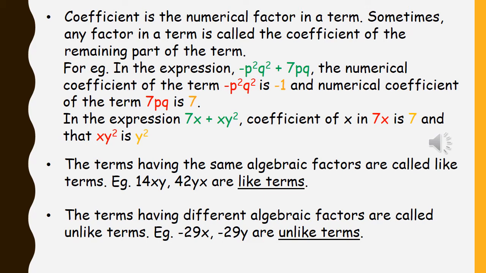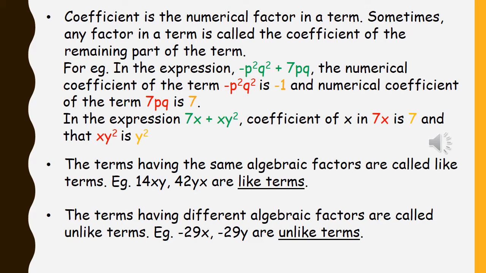The terms having the same algebraic factors are called like terms. For example, 14xy, 42yx, these are like terms because the literal coefficient remains the same.